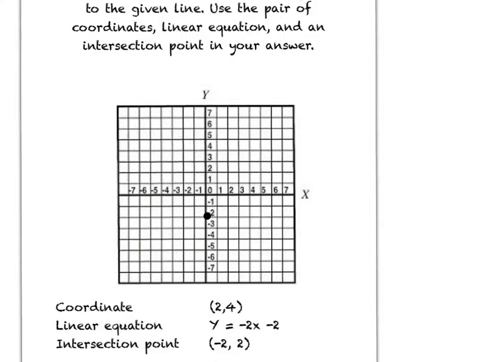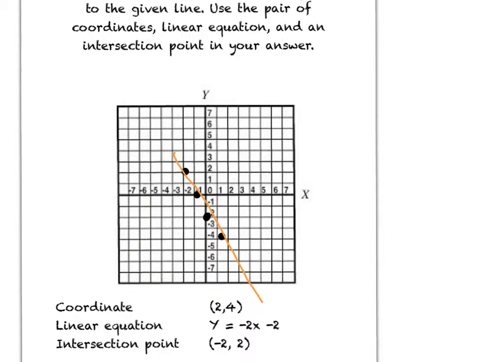Negative 2 is the gradient, so that tells us that our line will be a negative 1. So moving up 2 and across 1 puts a point about there. Up 2 and across 1 gives me a point there. Moving down 2 and across 1 from the negative 2 there, about there. And then, if I wanted, I could draw my line in. It's going to be very messy, but it's going to give me a line about there.